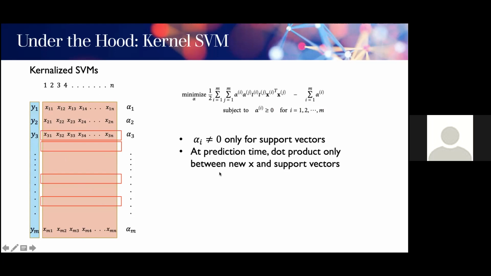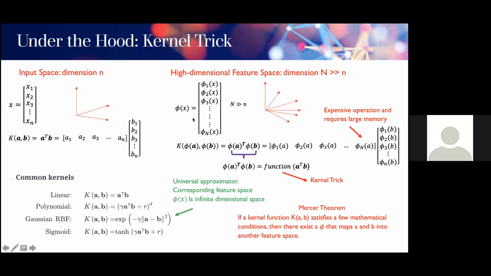As long as you remember the support vectors, given a new point, you would be able to do your prediction because you just need to compute the dot product between the new X versus all the support vectors. So that's the kernelization. In one sentence, kernelization is nothing but getting rid of W's.